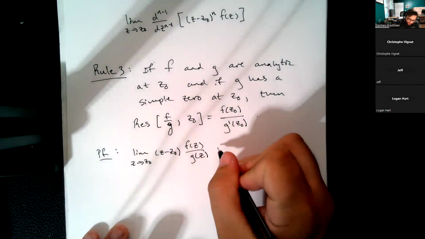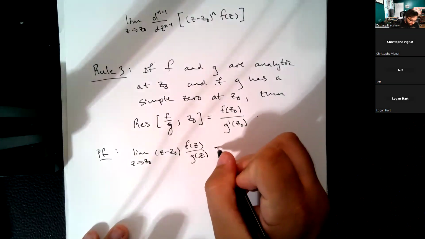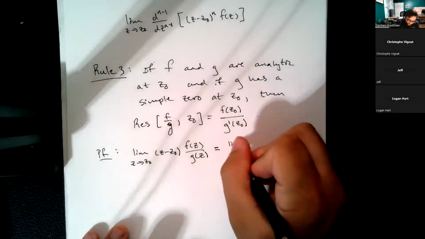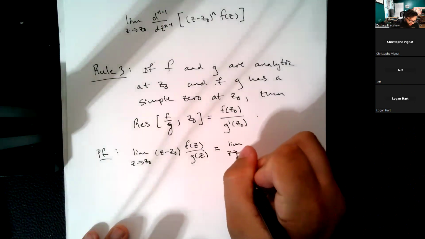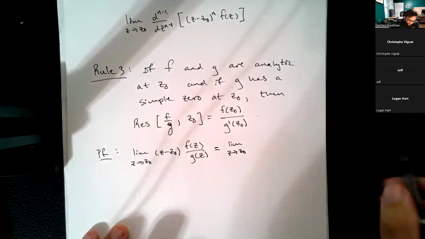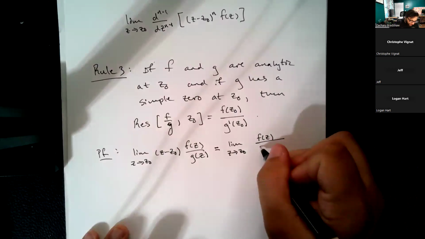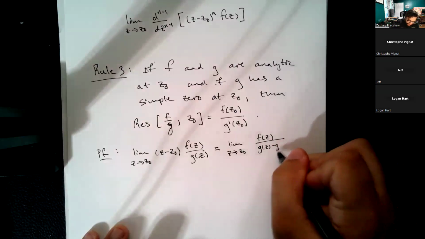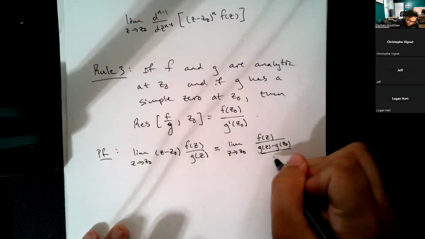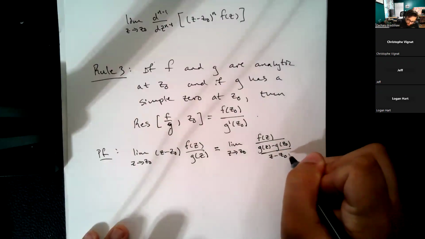But this is equal to the limit as z goes to z0 of f of z over g of z minus g of z0 over z minus z0.